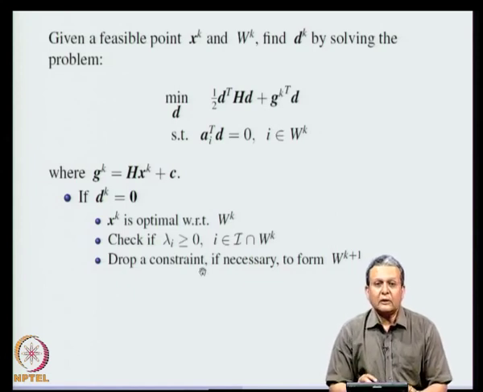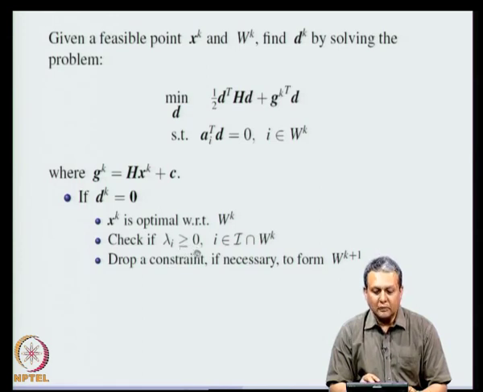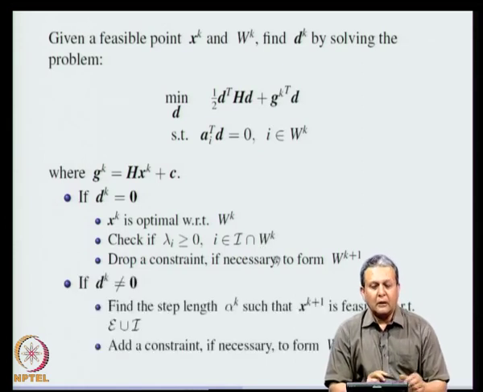Now, if that is not the case, then what one has to do is pick one lambda i which is negative, and drop that corresponding constraint from the set wk to form wk plus 1.